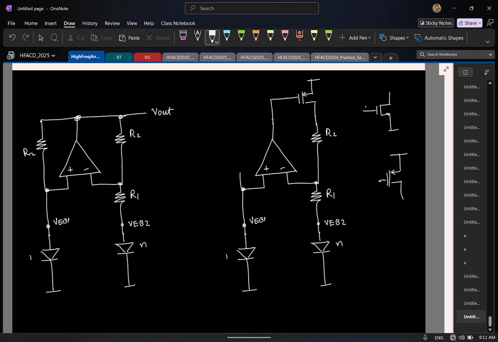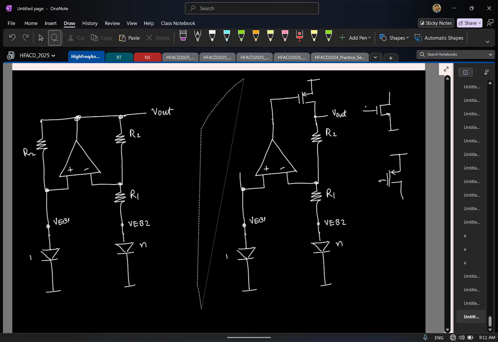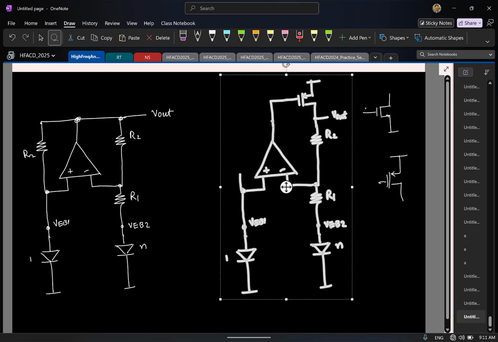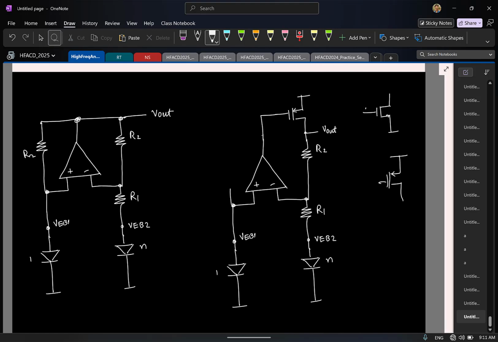So the output, I mean the drain, is now your final output. Is that okay? I have the first stage. The second stage is given to the PMOS. The output is tapped from the drain.